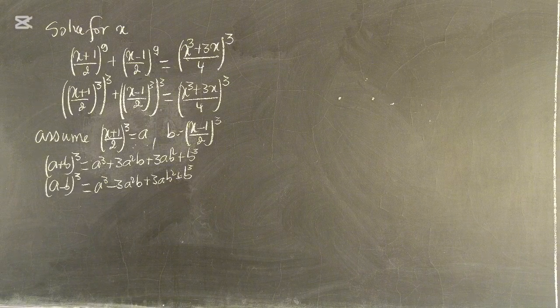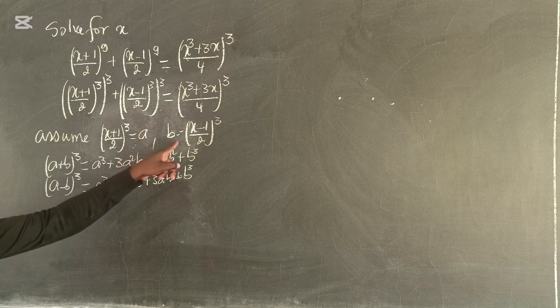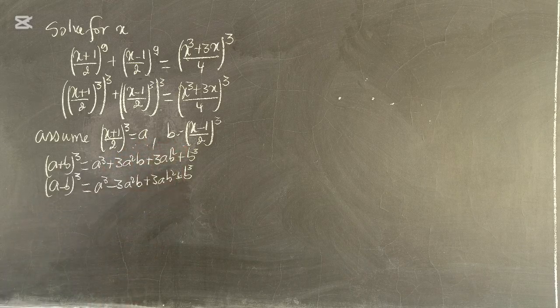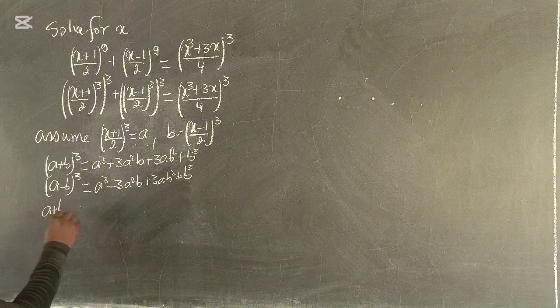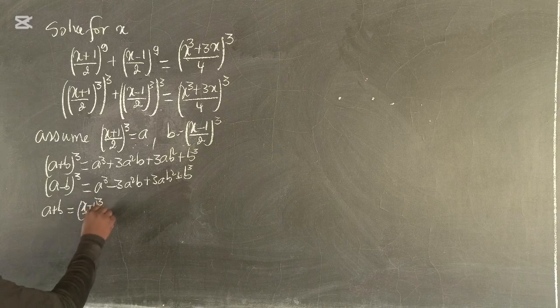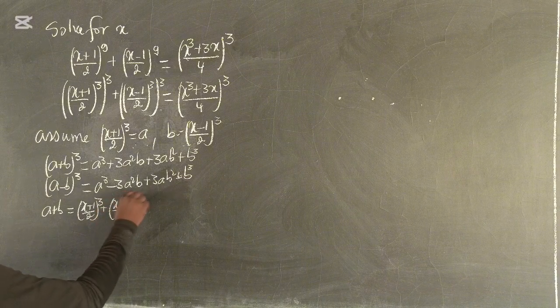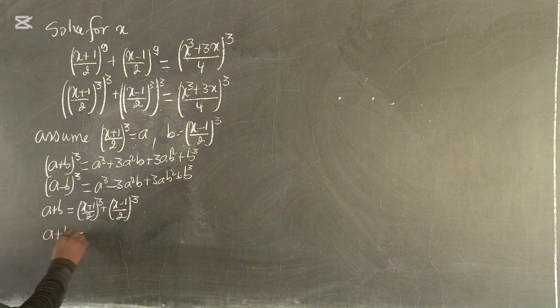As you see here, what I'm going to do is sum up a and b. Here a plus b is equal to x plus 1 over 2 power 3 plus x minus 1 over 2 power 3.